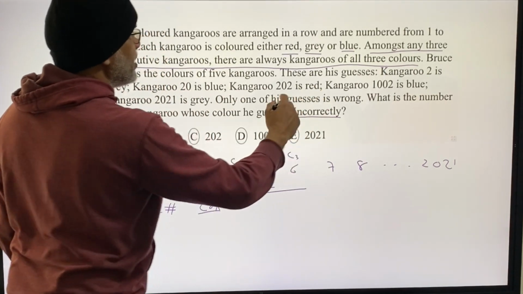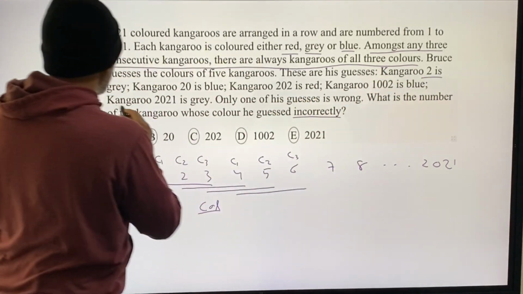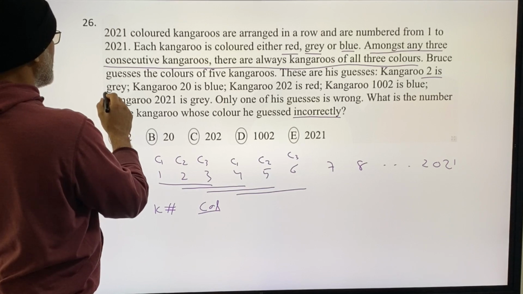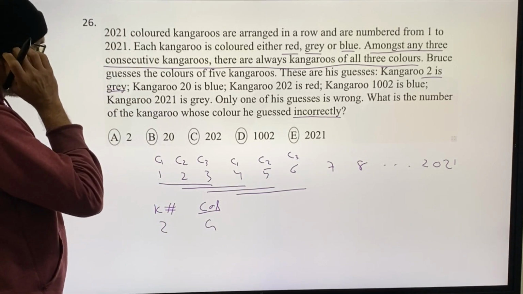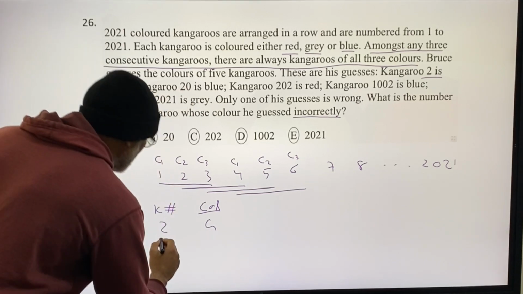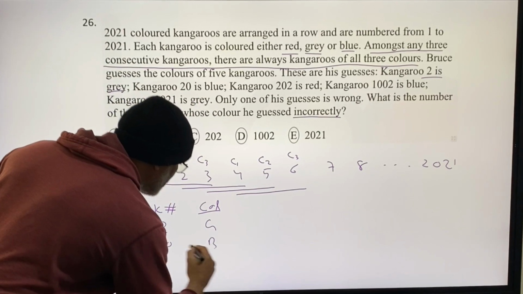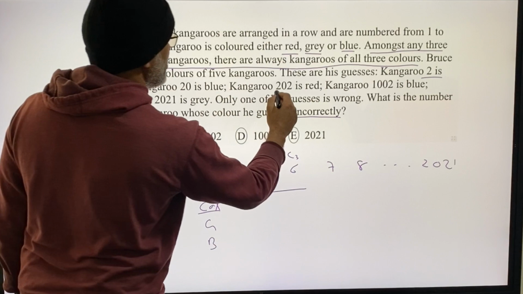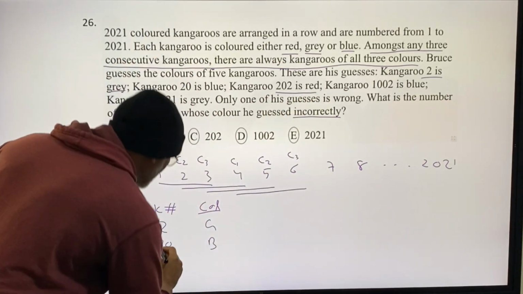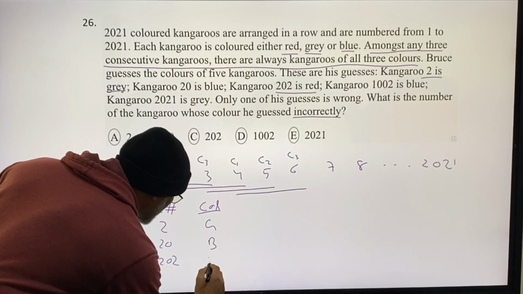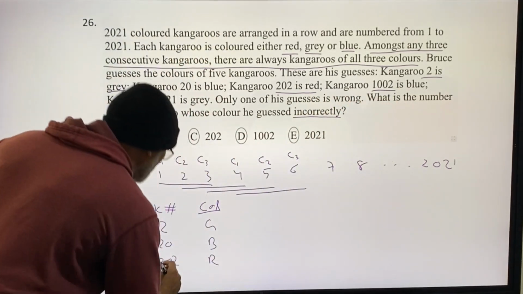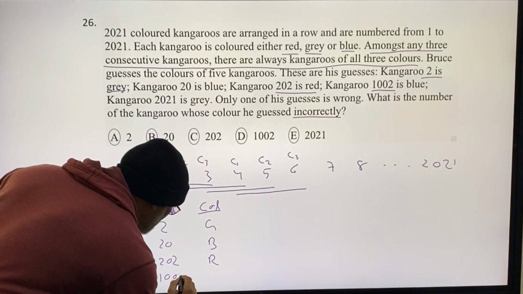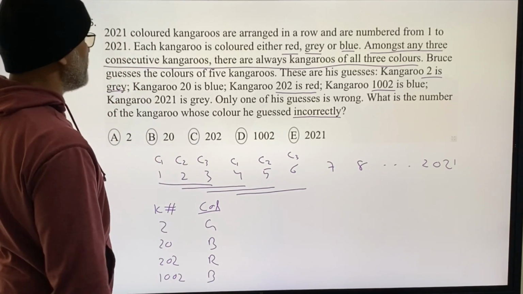Okay, kangaroo 2 is gray, so 2 is, I'll denote G for gray. 20 is blue. 202 is red. 1002 is blue.